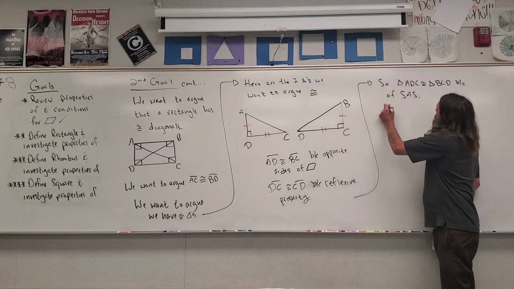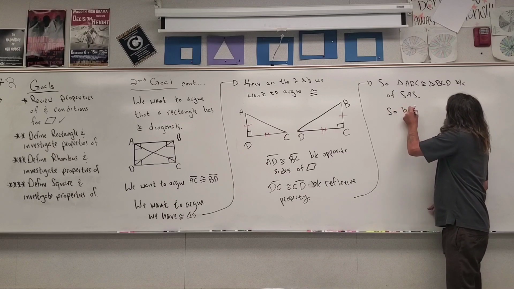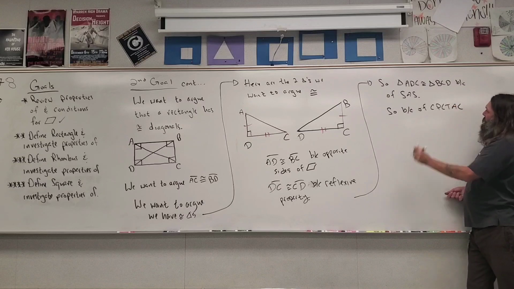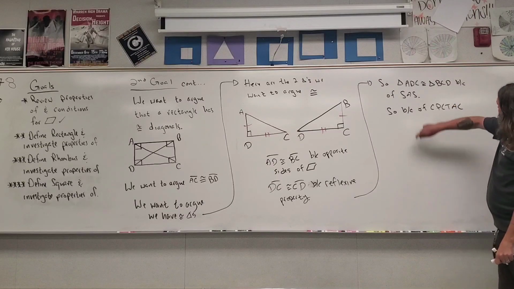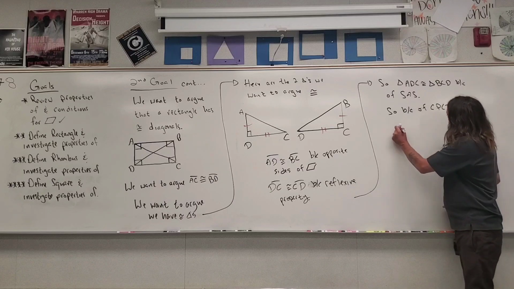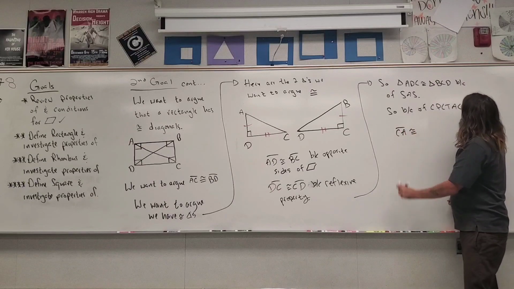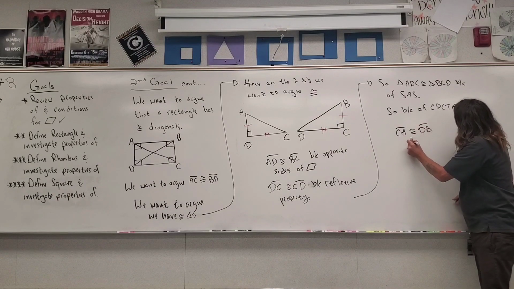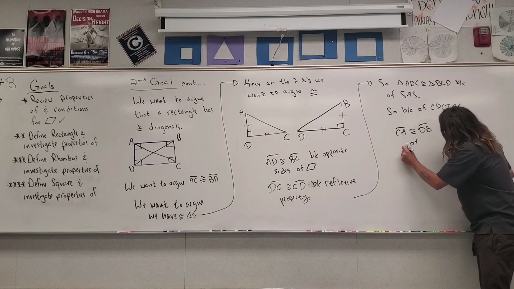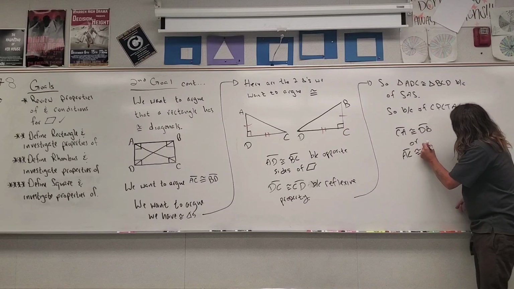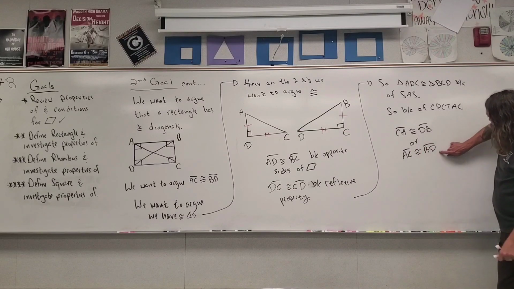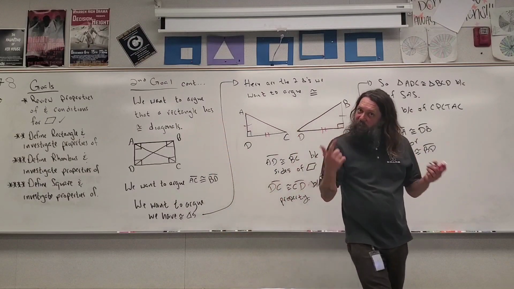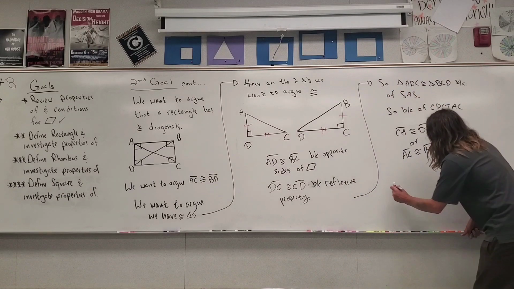So, because corresponding parts of congruent triangles are congruent, I can conclude that CA is congruent to DB, or AC is congruent to BD. And this shows that the diagonals of a rectangle are congruent. So rectangles have congruent diagonals.